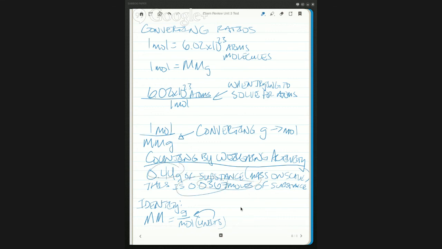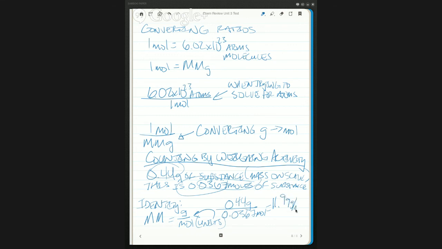So you've got 0.44 grams divided by 0.0367 moles. And what is that equal to? If I plug it in, 0.44 divided by 0.0367.